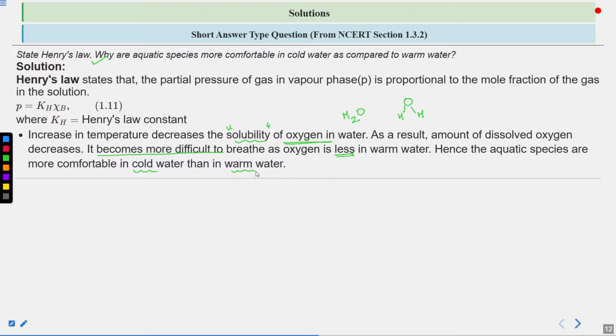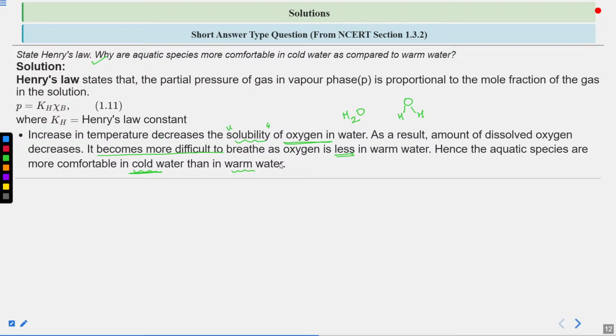That's why aquatic species are more comfortable in cold water than in warm water. Warm water contains less oxygen compared to cold water, and it is difficult for the aquatic species to breathe in the warm water.